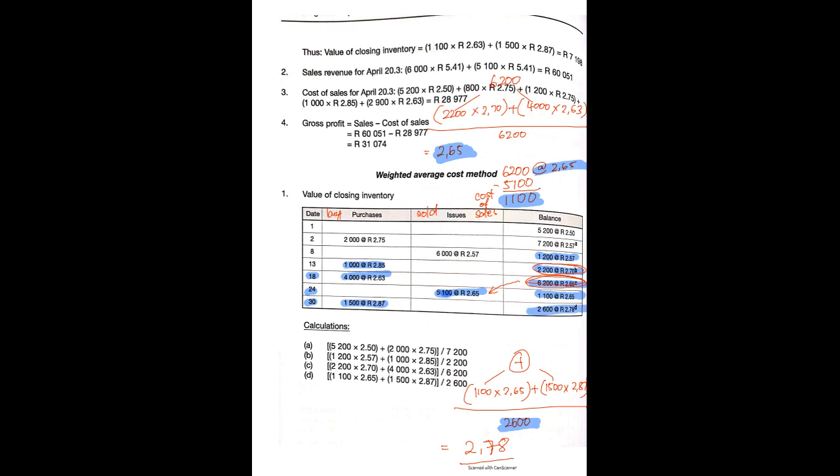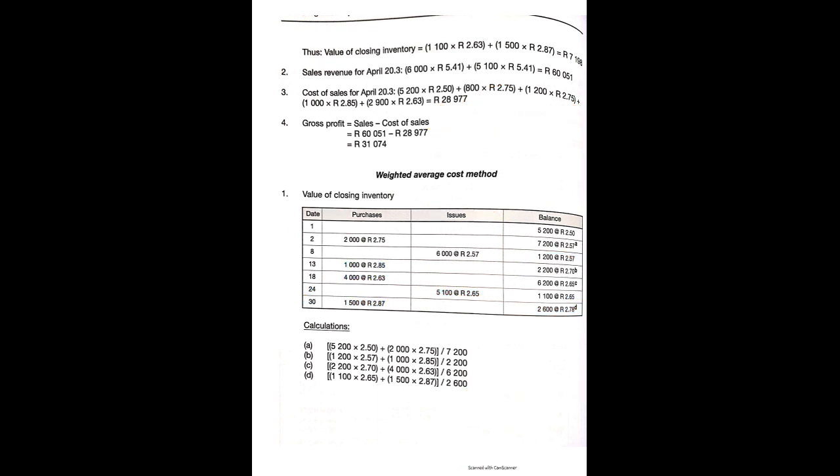So the first one was to determine the value of your closing inventory. Whatever's left over on the last day or at the end of the last transaction will be your value of your closing inventory. So you'll say 2,600 times your 2 Rand 78. That will be the value of your closing inventory. So you can actually work that out as well.